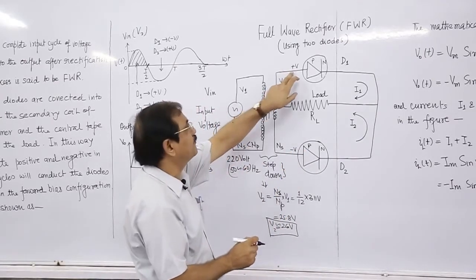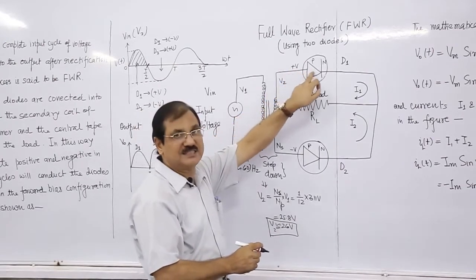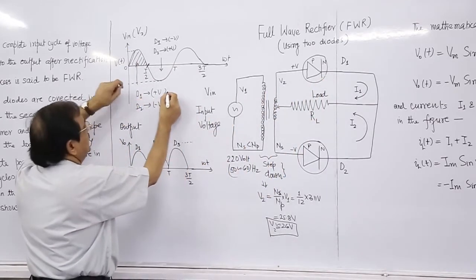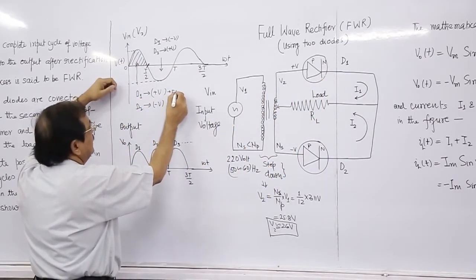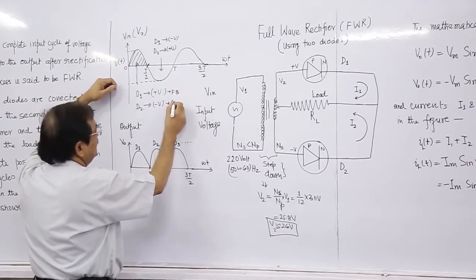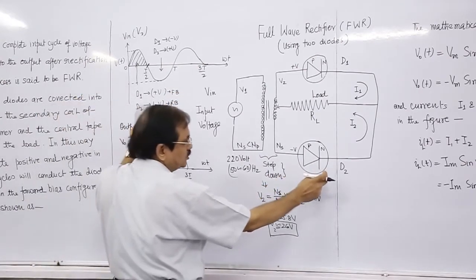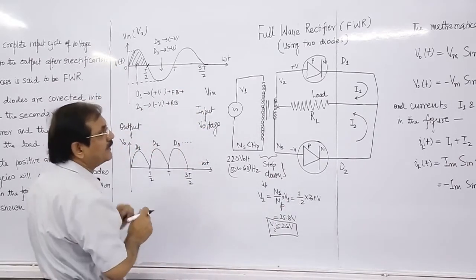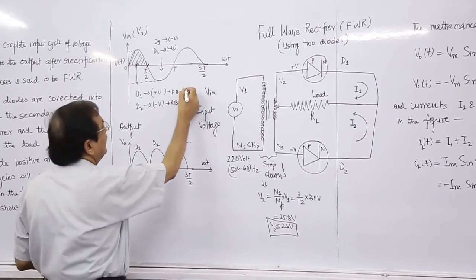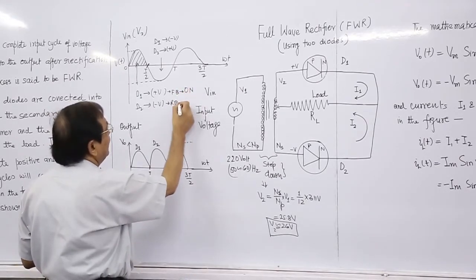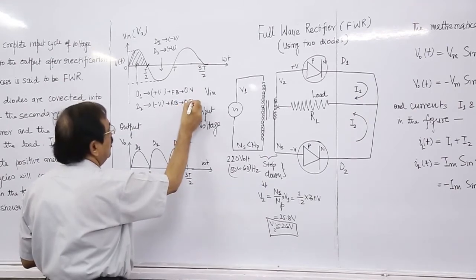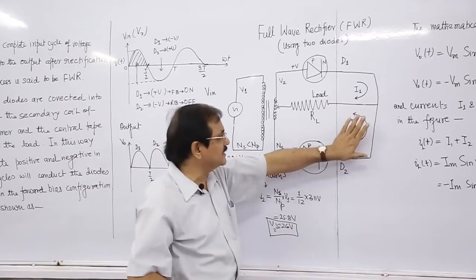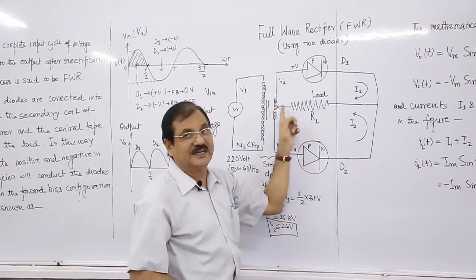So, what will happen? If P is connected to the positive, then during this half cycle, due to the positive P, D1 is forward bias and D2 is reverse bias. Forward bias is something like the circuit being on, and reverse bias is something like the circuit being off, meaning this circuit is disconnected and only this circuit is connected.